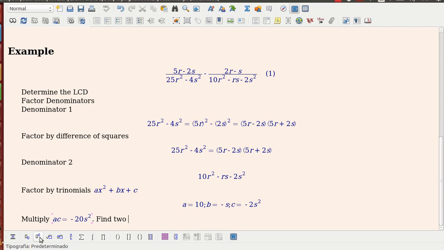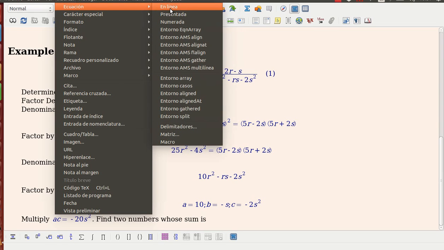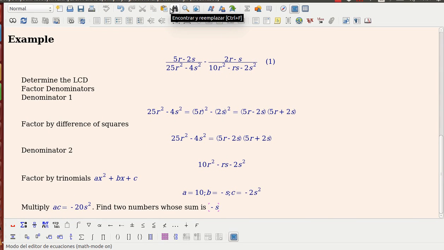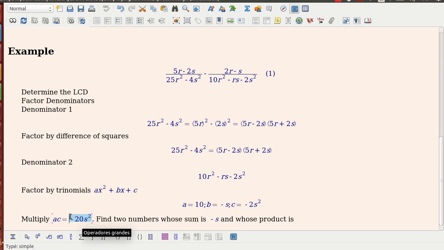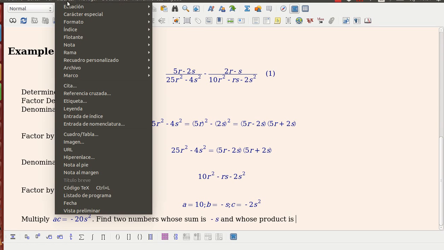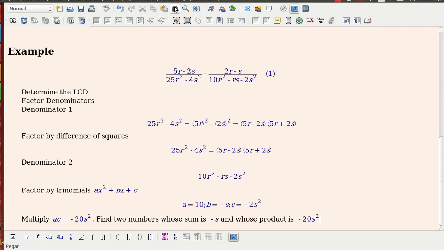And you have to find two numbers whose sum is b, which is minus s, and whose product is minus 20s squared.